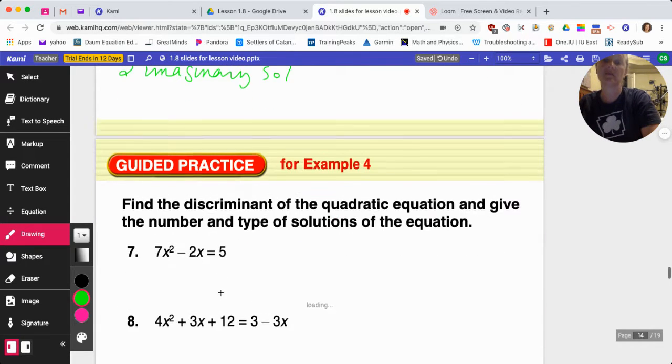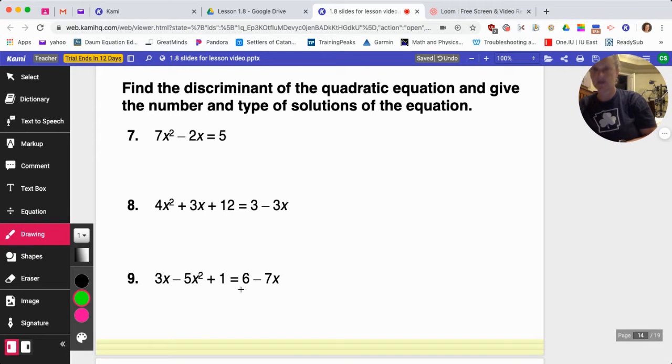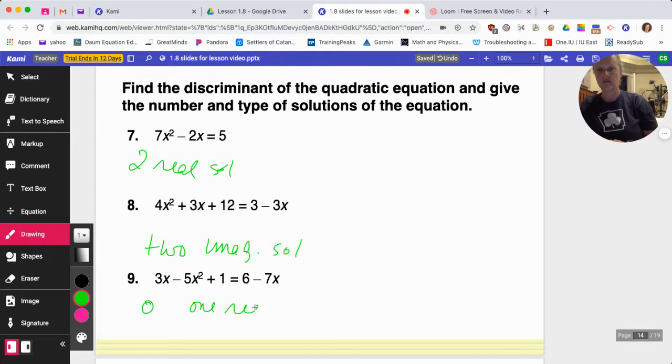We have more. Number 7 will give you 2 real solutions, 8, 2 imaginary solutions, and 9, one real solution.